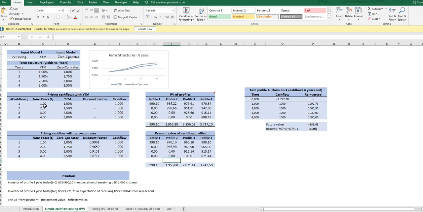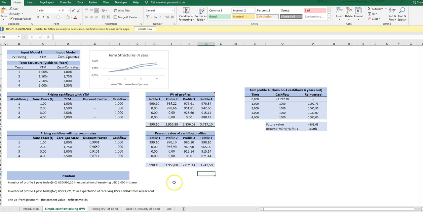All in all, we get 4 new prices today, the PV for that cash flows, and as you might see, there is a slight difference between them, and that's because the two term structures have not been calibrated to be consistent with each other. But that works automatically in the financial industry, but I have just typed it in for the sake of simplicity, different zero coupon rates and yield to maturity.